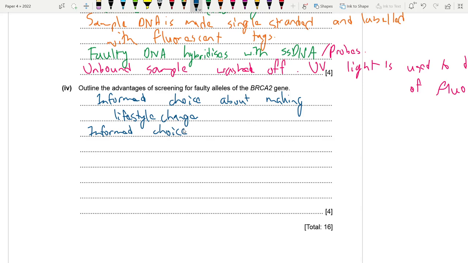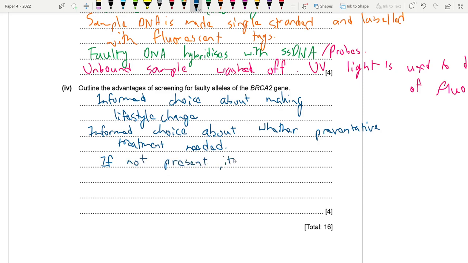There will be an informed choice about whether preventative treatment is needed or not, right? And if the faulty allele is not present at all, it actually removes a lot of worry. What else?